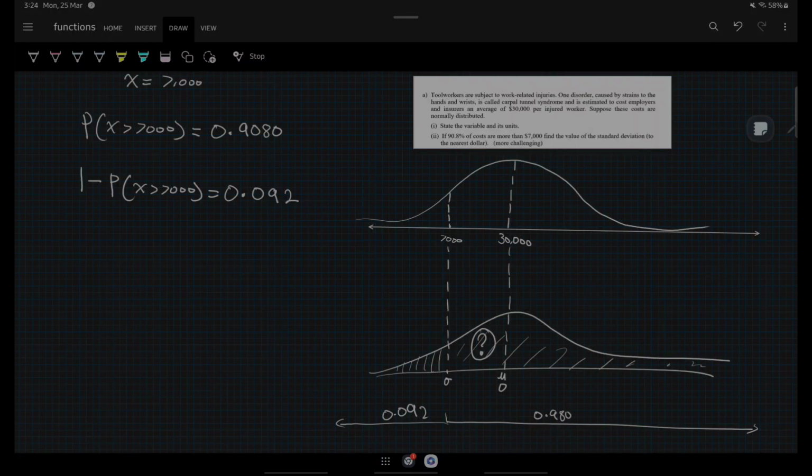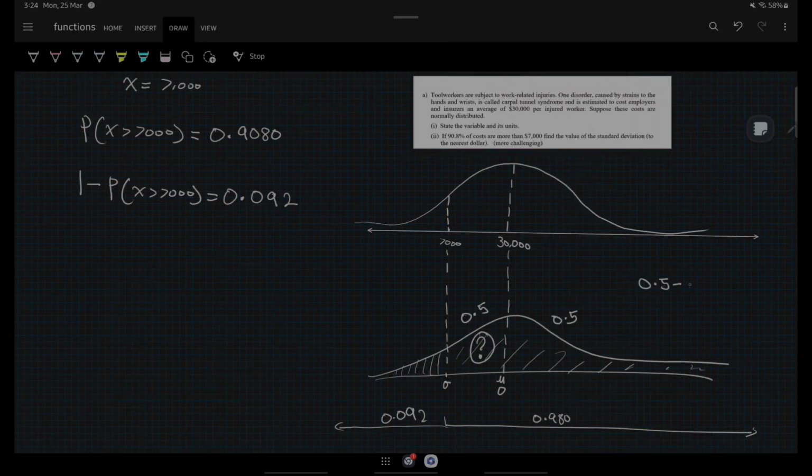Well, you take your 0.5 on either side, and we know that 0.5 minus the 0.092 will equal 0.408, which is this area in there. And that's good.